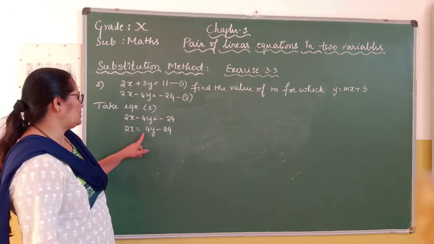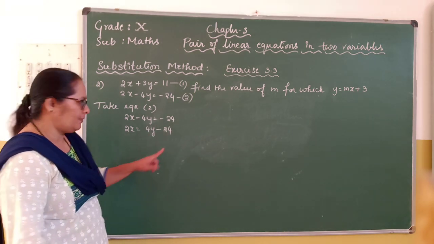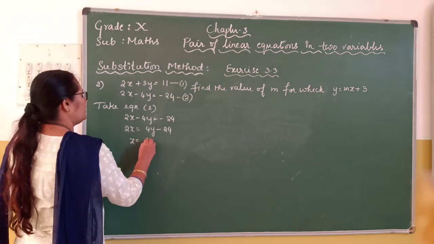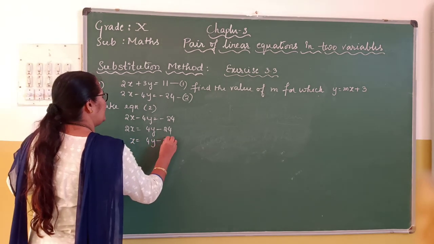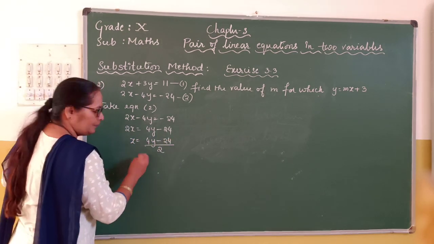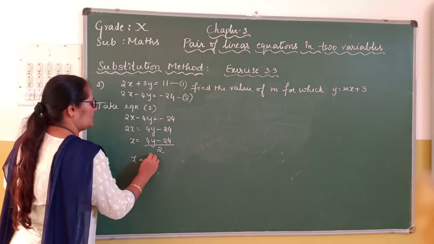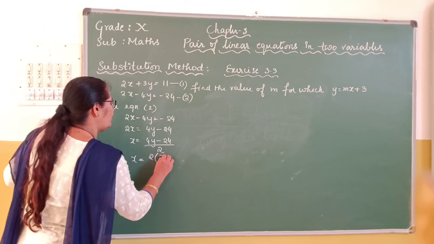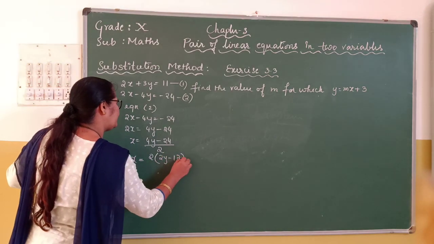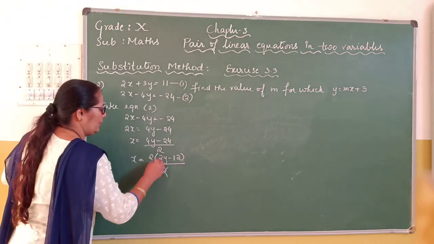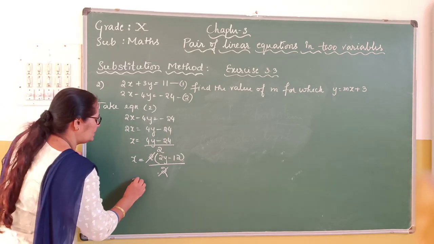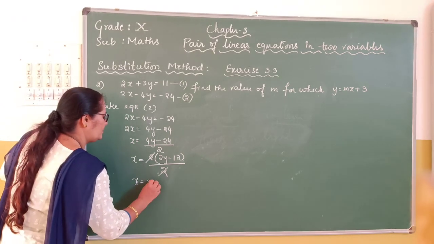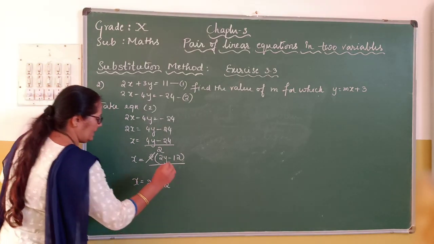So x equals 4y minus 24 divided by 2. So x equals, take 2 as common factor here, 2 times 2y minus 12 divided by 2. 2 gets cancelled. So x equals 2y minus 12.